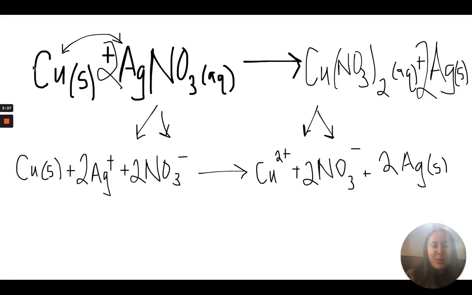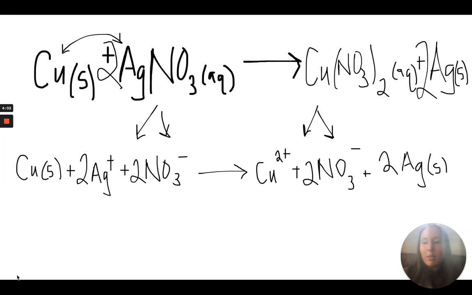All right, so this is what I got for my complete ionic equation. I took the 2 silver nitrates and separated them, and I left copper solid alone. I took my copper nitrate and separated it, and left silver solid alone. Again, note how those subscripts are popping up to now be coefficients. Also notice how for each ion I included a charge, which is required.